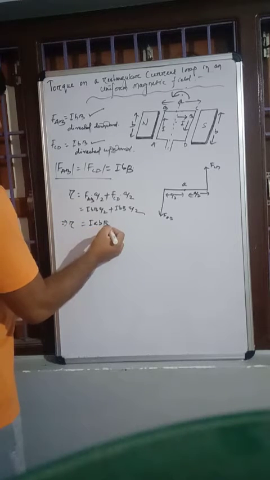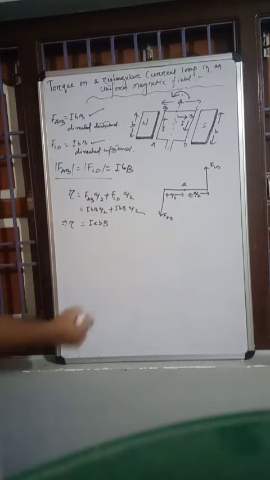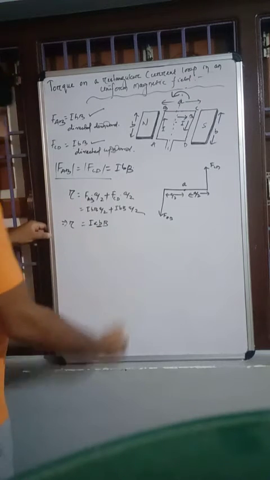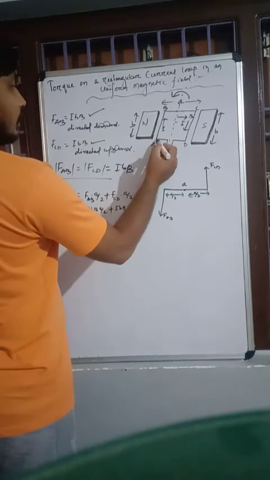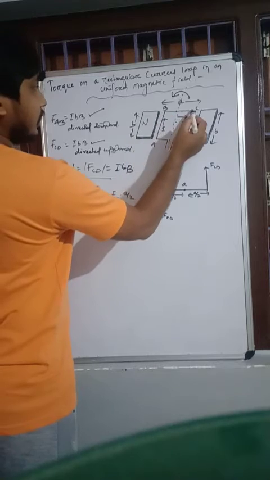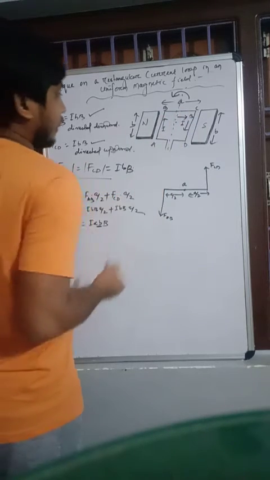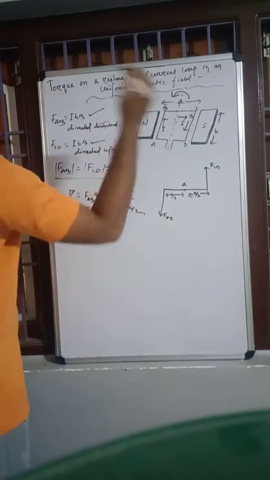I a b. And you can see that this term a into b, you see length b, breadth a. So b into a will give you the area of this rectangular loop.